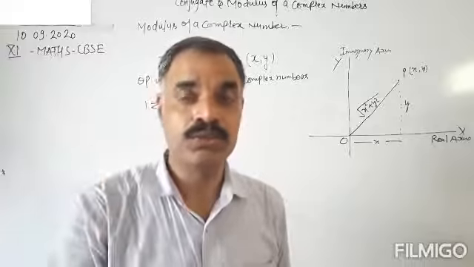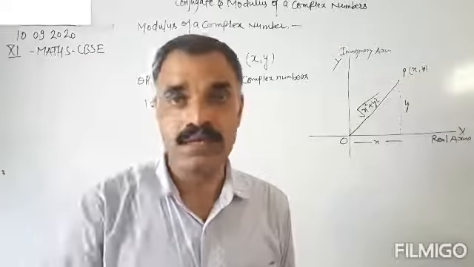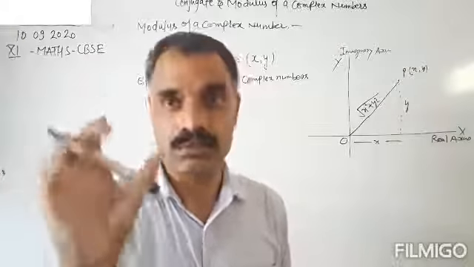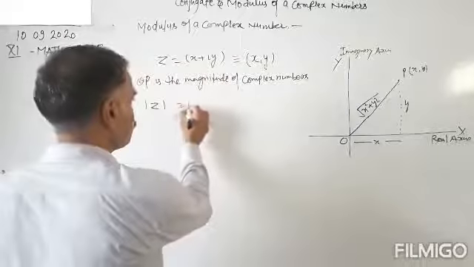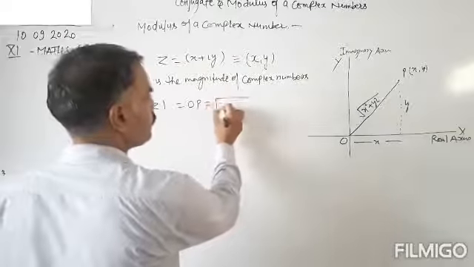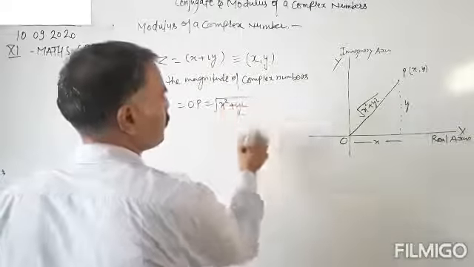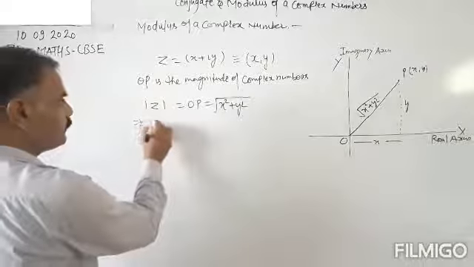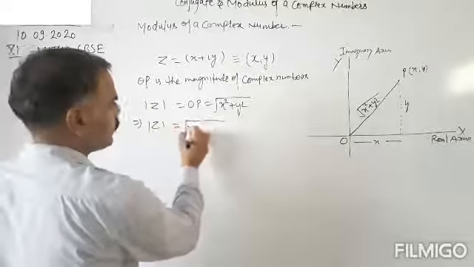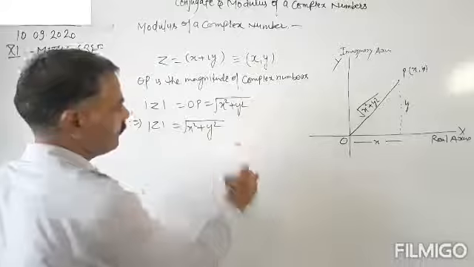Modulus or magnitude, both are the same. So modulus z equals OP, and OP equals under root x square plus y square. So magnitude of z equals under root x square plus y square.